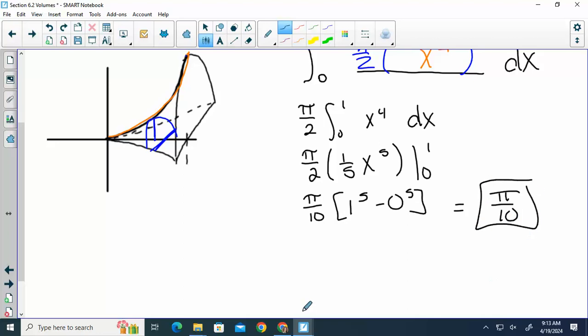Pi over 10. 2 times 5. Pi over 2 times 1 over 5.